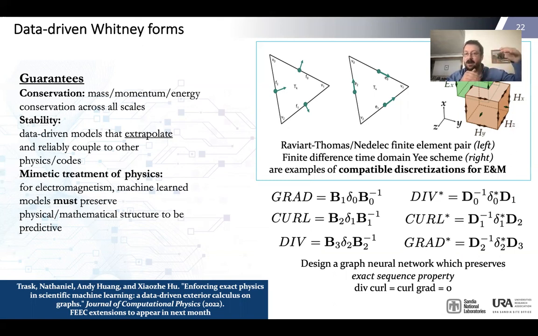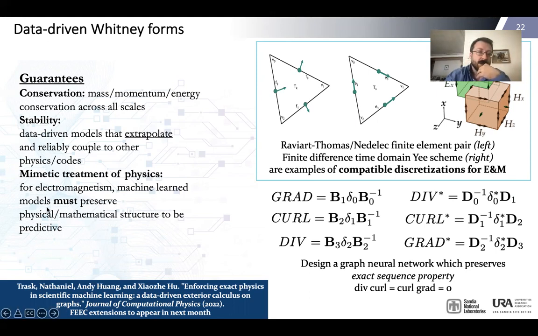So we're going to engineer that architecture the same way you would traditionally design a finite element space. This will give the same sorts of guarantees that you get out of finite elements, things like relevant conservation structures preserved. You get a formal stability analysis that lets you make guarantees about how this is going to extrapolate, and then you'll get a numerically stable model.